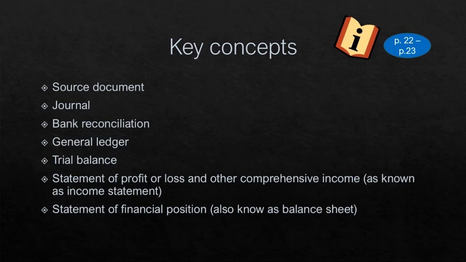Now, we've got 8 types of journals in accounting, and those are covered from Learning Unit 4 up to Learning Unit 8. We have those for cash transactions: cash book receipts and cash book payments.